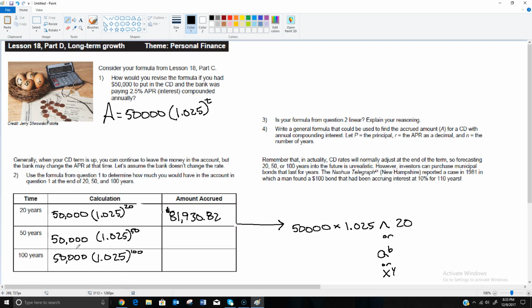So this one, if I do the calculation, 50,000 times 1.025 power 50, and you can just do this all in one step across your calculator, you're going to be at $171,855.44.